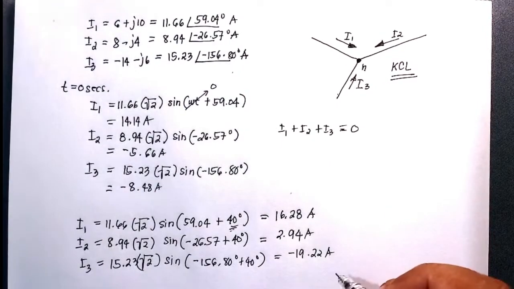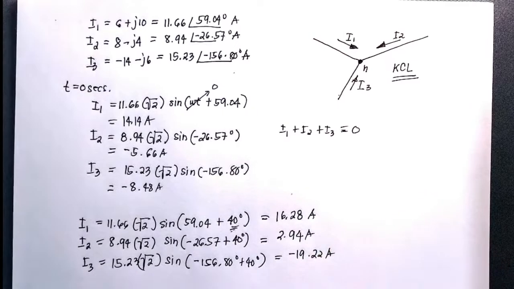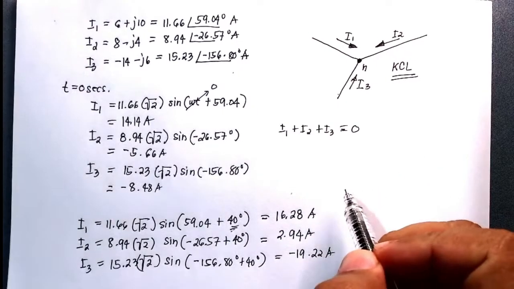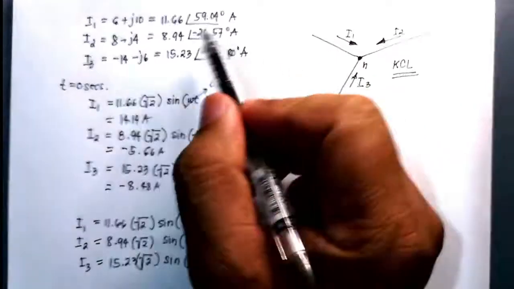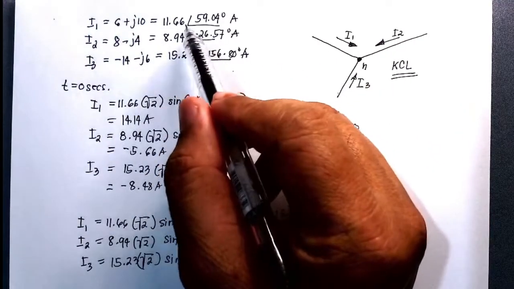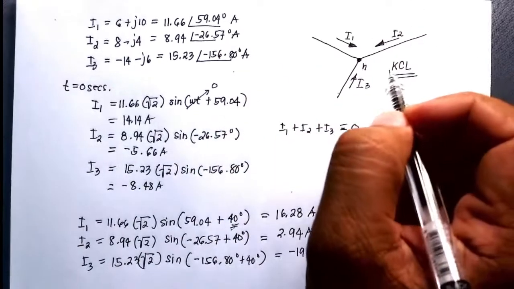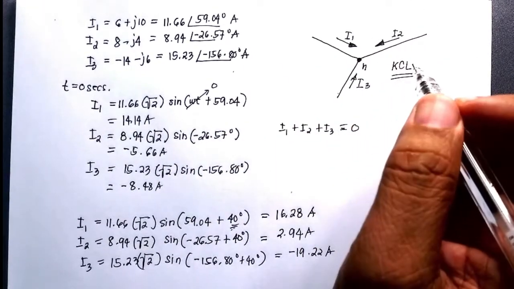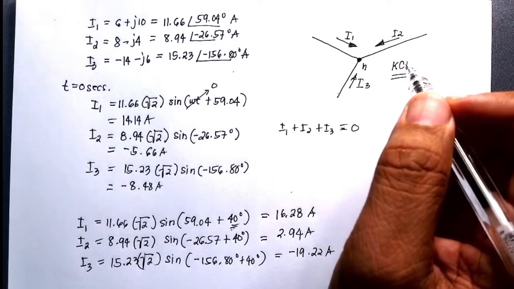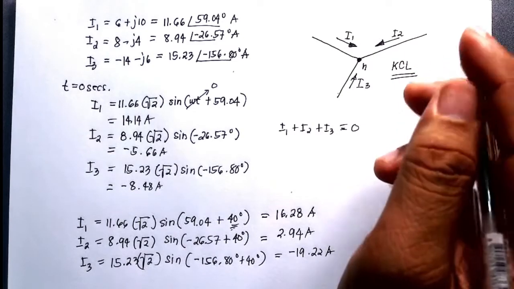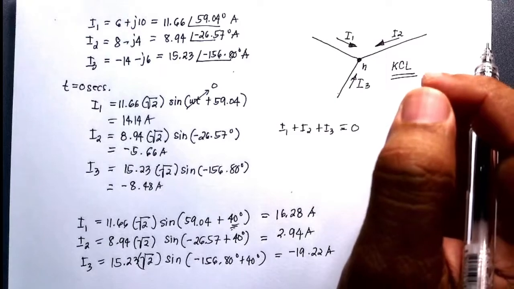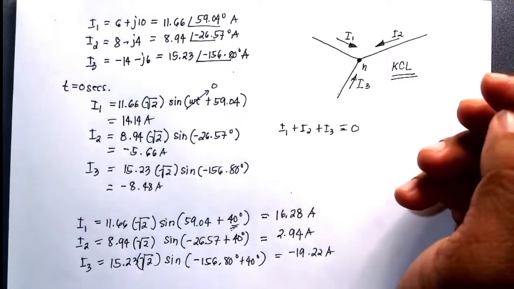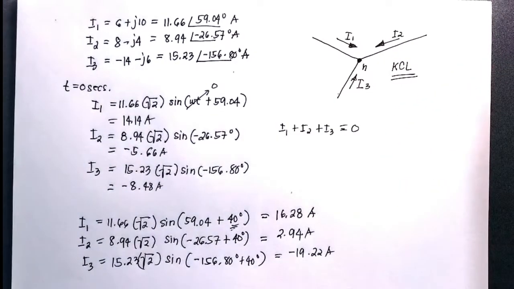Again, we have proven that if your currents sum to 0 at any time, it will always be 0. So these are some concepts that you must know in solving currents involving the functions of time.